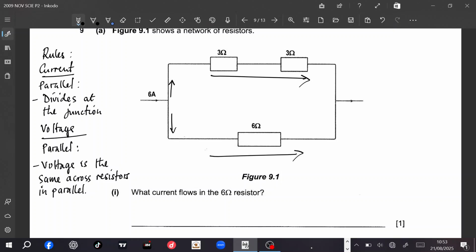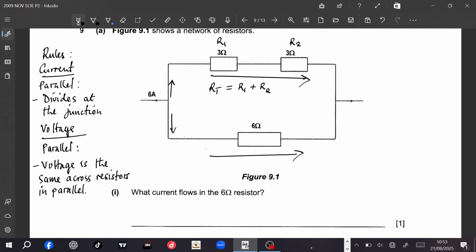And since they are in series, total resistance is just added. So total resistance RT is equal to resistor 1 plus resistor 2. This one we call resistor 1, and this other one we call resistor 2.